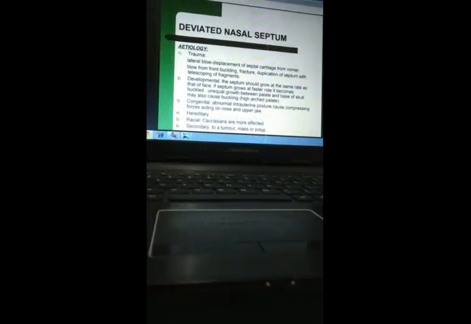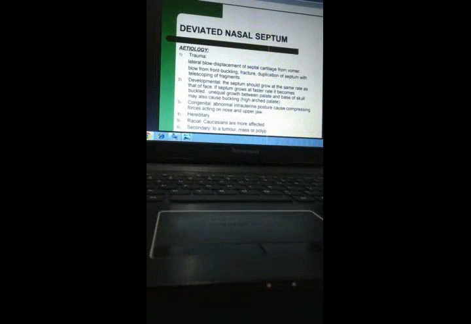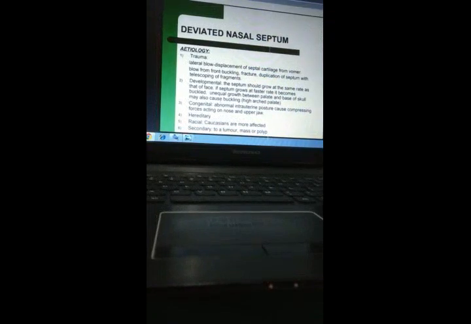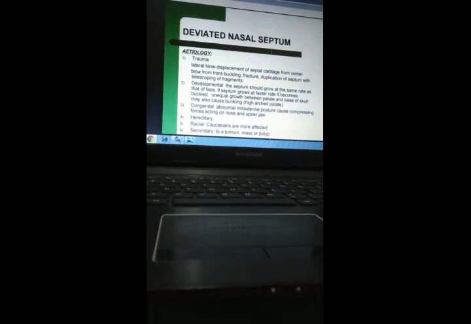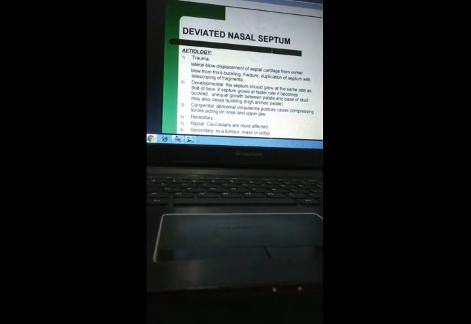Any other causes of trauma, like an anterior blow and a lateral blow, also cause deviation of the nose.